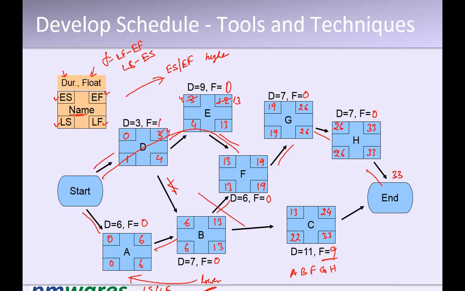Then these things will be cut and this will become the critical path, and the duration will increase to 34. The critical path will become D, E, F, G, H, and total duration will become 34 instead of 33.